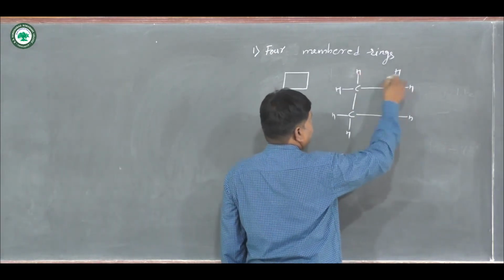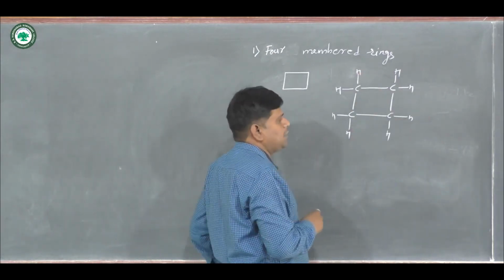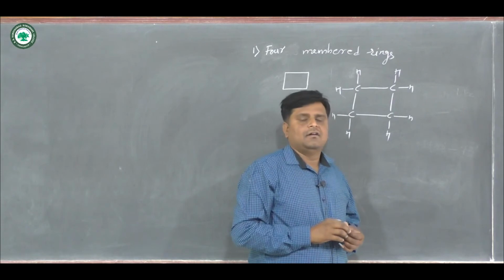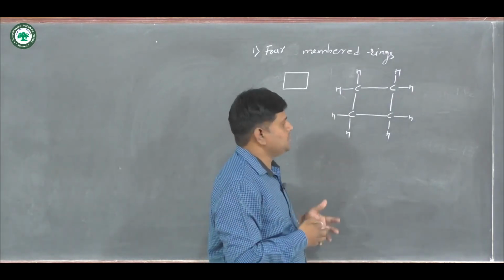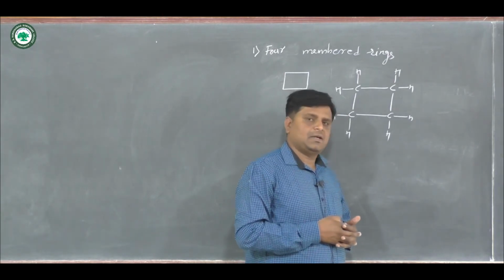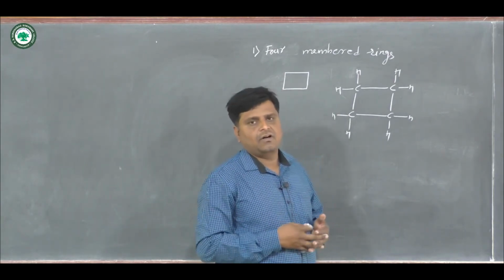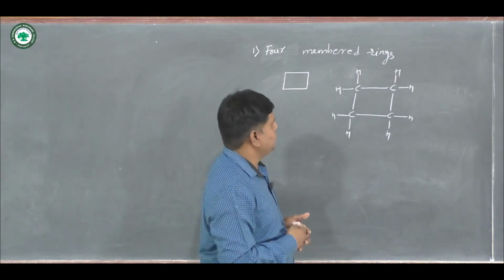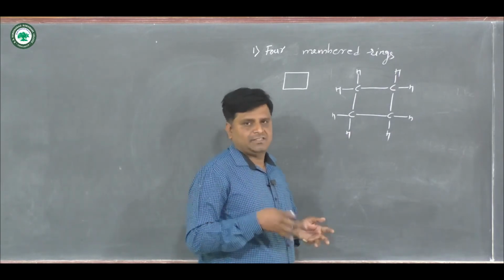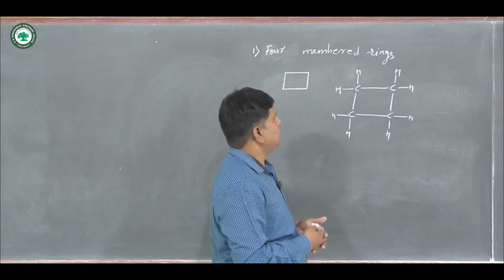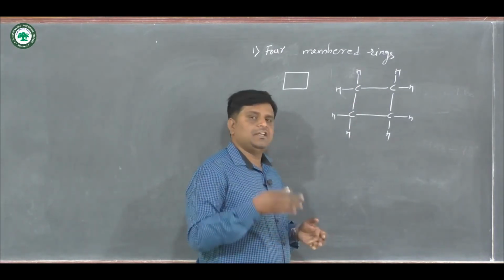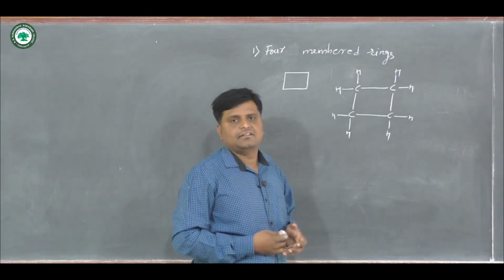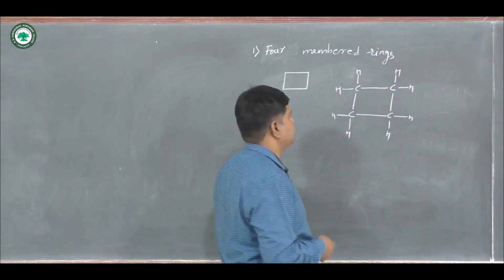Why? Because here eight hydrogens are there, and all these hydrogens are present in a planar structure in eclipsed form. So eight eclipsing strains are there, and these strains are much higher than the angle strain, so eclipsing strain has a much greater effect on the stability of the four-membered ring system, so we call eclipsing strain the predominant strain rather than angle strain.